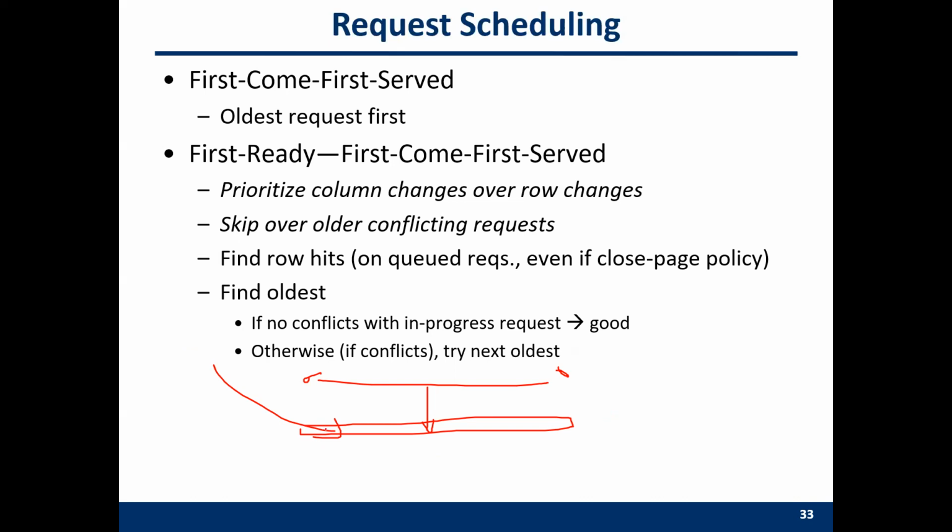In this way, it can increase the row buffer hit rate and, of course, reduce the average request serving latency. If there is no row buffer hit, then it goes back to the first ready, first come, first serve policy.